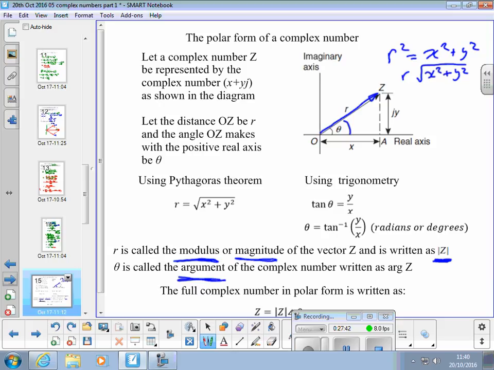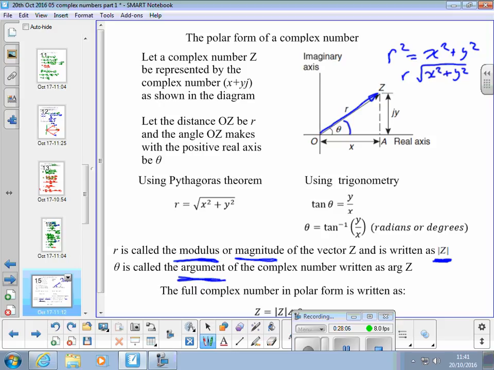So we've got a modulus and an argument. As an engineer, we more like to think of the argument as the angle of that vector from 0. Same thing, but you're going to see the mathematical terms in textbooks about engineering maths as well, so it's important to know what they are.